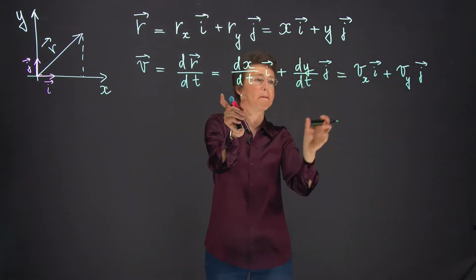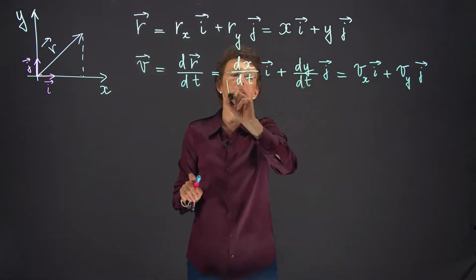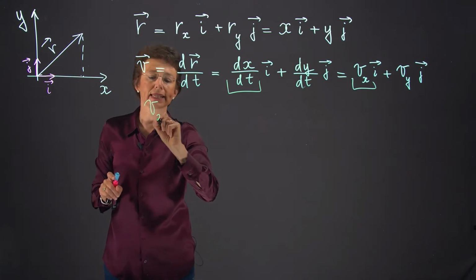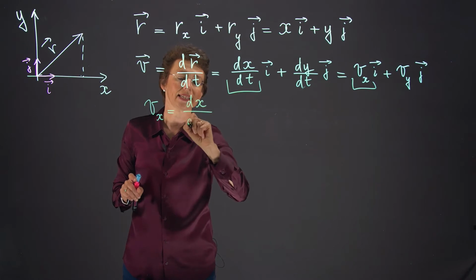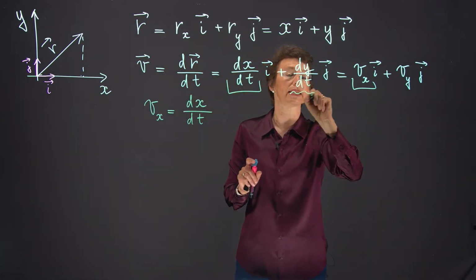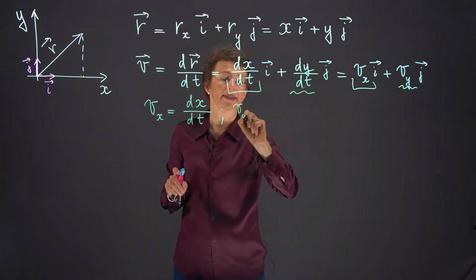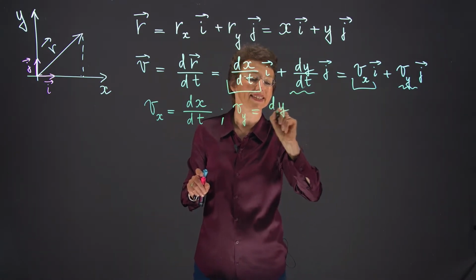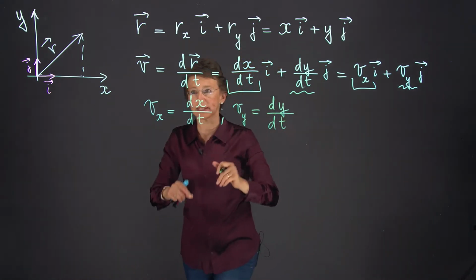And now I compare the coefficients in front of i and in front of j, and we immediately see that v sub x, the x component of velocity, is dx/dt. And the y component of velocity, v sub y, is equal to dy/dt. Okay, wonderful. Now we need the acceleration.